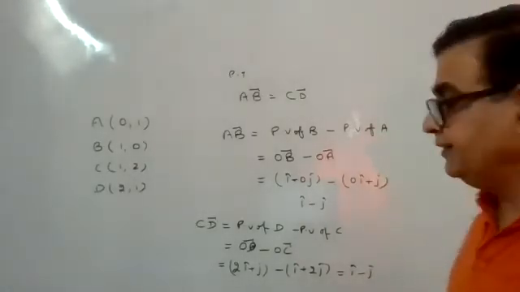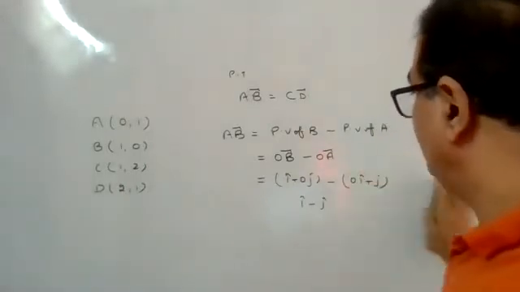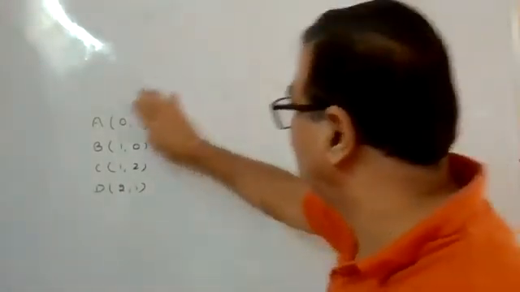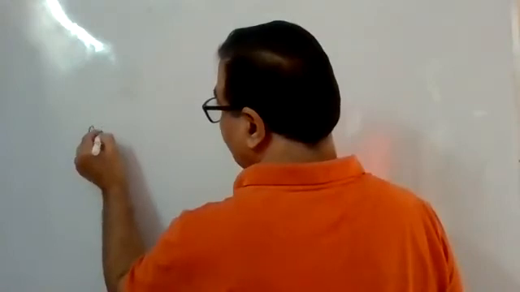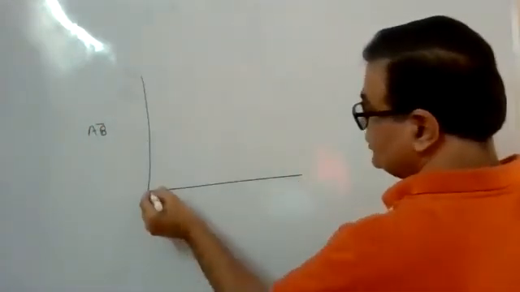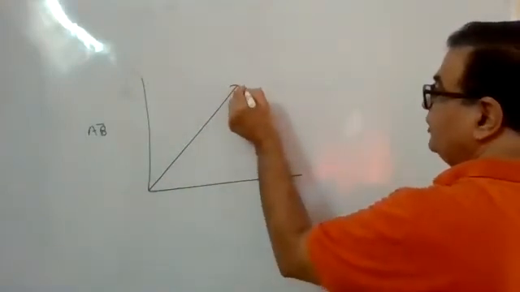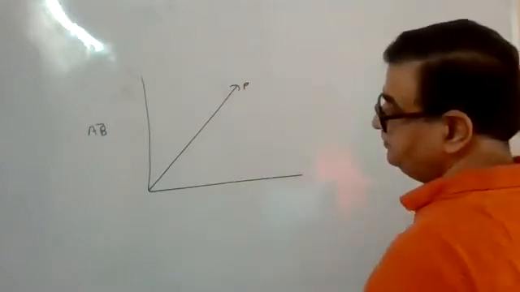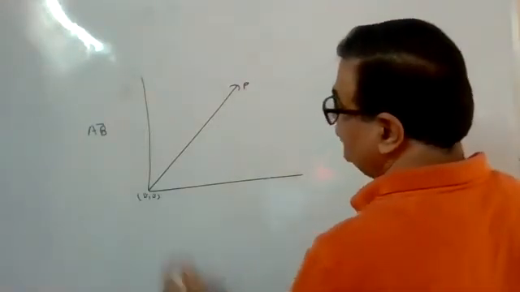Find the coordinate of the tip of the position vector which is equivalent to AB vector. The question is, there is a vector, and you should find out the coordinate of this tip, meaning the point P. This part is already 0, 0, we know it.